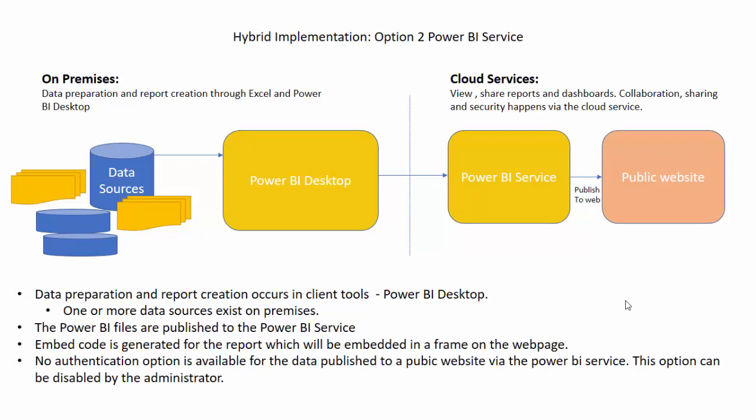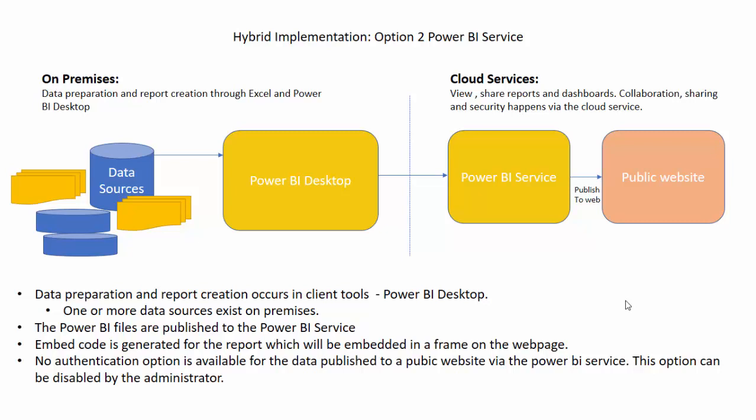And let's look at the third option. The third option is similar to the second, except that in place of a custom application, we are exposing our reports or dashboard to a public website. The way we will do it would be the same. We'll build our report in Power BI Desktop, push it onto the Power BI service, generate code and give that code to the public website.